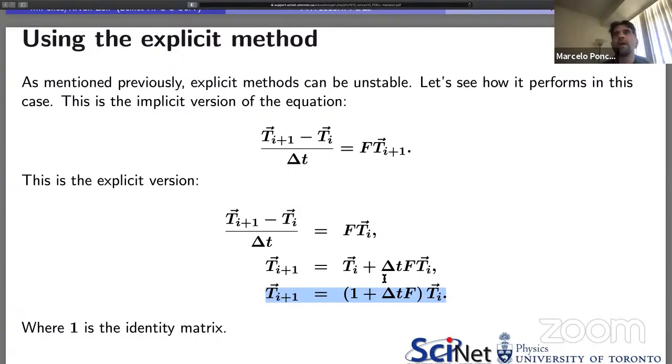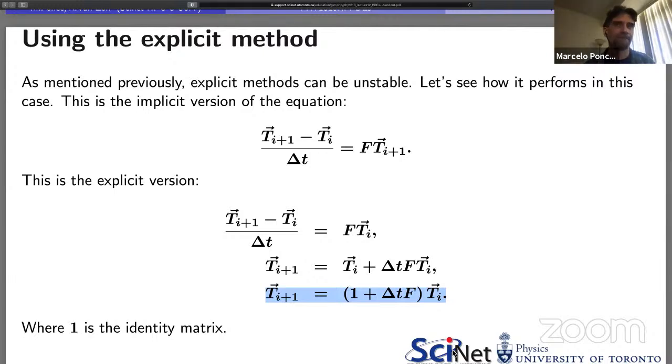And by the way, the 1 here, because as you notice by now, F is a matrix, we are dealing with the identity matrix here. So 1 represents the identity matrix. So this is the identity matrix plus the operator F that we discussed before, the tridiagonal matrix, multiplied by delta t, that's the time step, and the previous snapshot of temperatures on the rod. That's basically what it is.